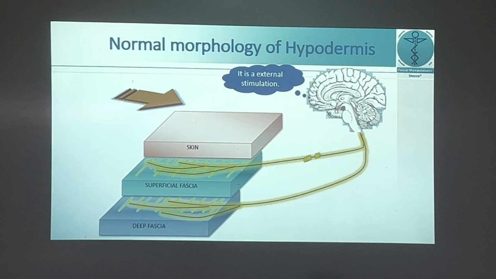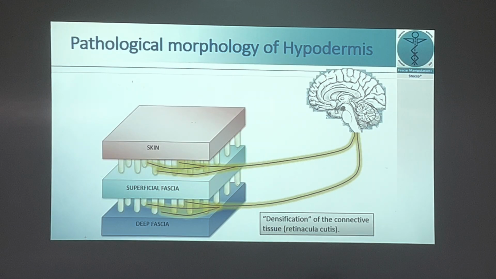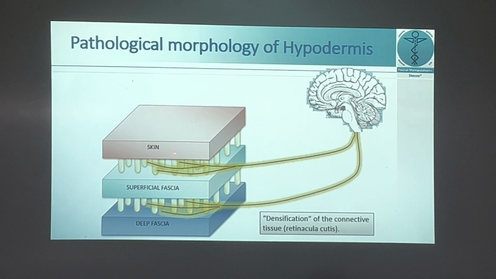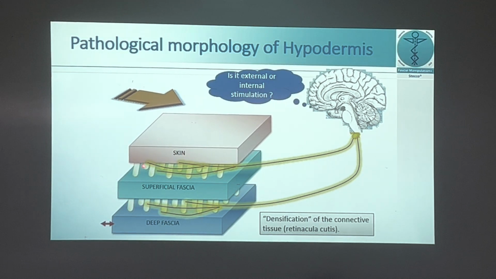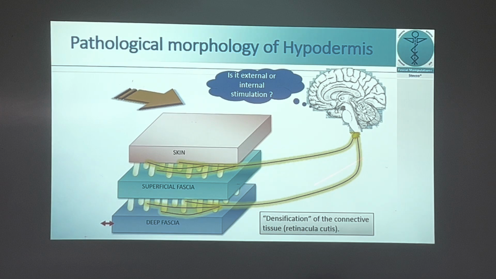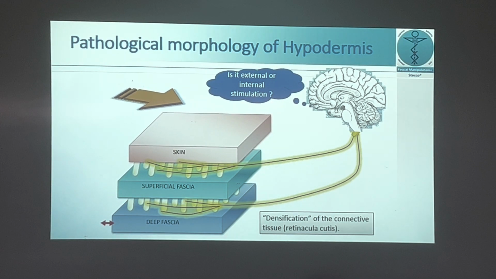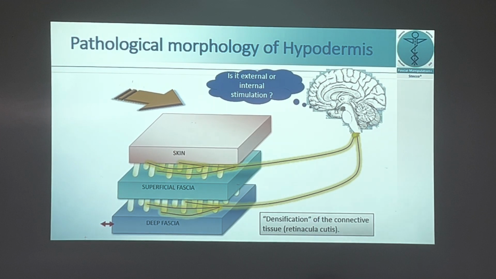So I feel something from outside is touching me. But if you have an increase of the stiffness of superficial fascia, retinacular cutis, the same pushing will transmit load down and you will irritate all the receptors. So you have a bombardment from there that will generate a kind of painful sensation.